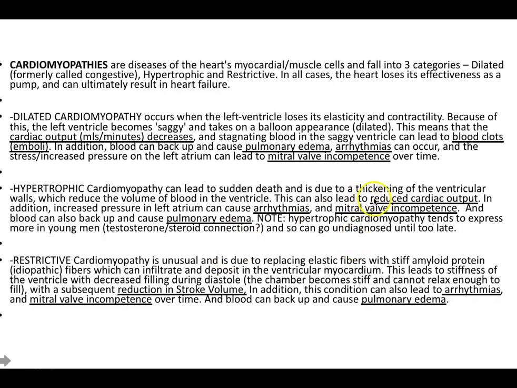That means that because of the bulking up of the cardiac muscle due to hypertrophy, less blood enters the chamber, meaning there will be less ejected. So the cardiac output is going to go down.